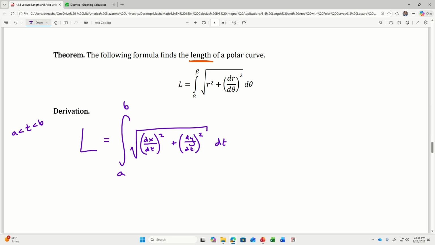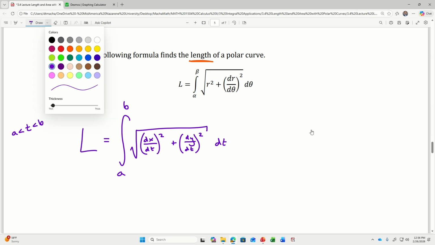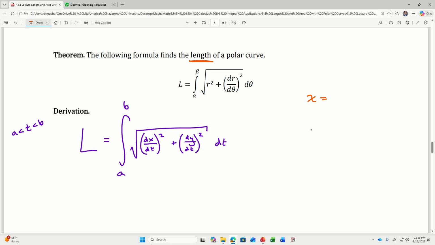What we're going to do now is use those definitions, x equals r cosine theta and y equals r sine theta, and we're going to equate my parameter t with the angle we make from the positive x-axis, so we can replace the t's with thetas if we want to, and then we'll see what happens to this formula.